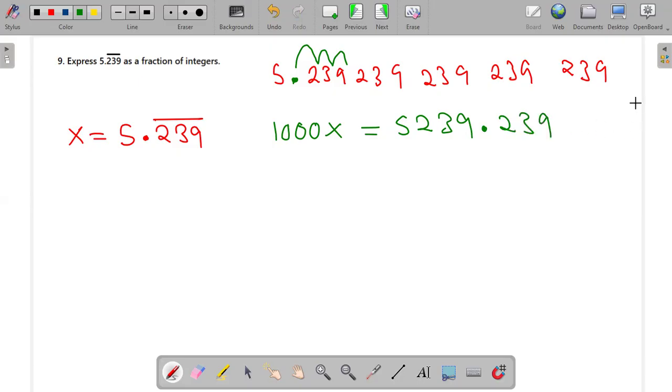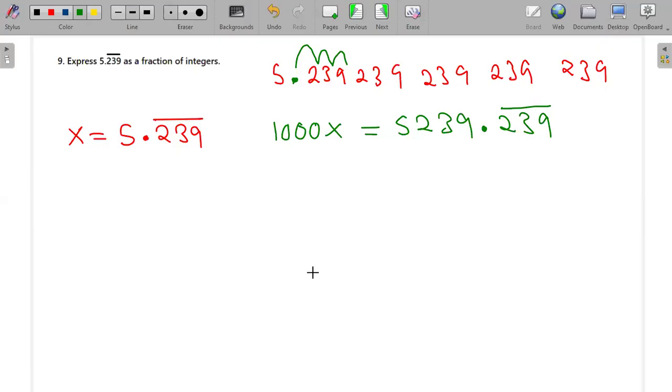You can write 239, 239, but I'm just going to write the bar on top. We found two numbers such that immediately after the decimal point, you can see the repeating part. Why are we doing this? So that when we subtract these two numbers, the repeating part is going to cancel out.